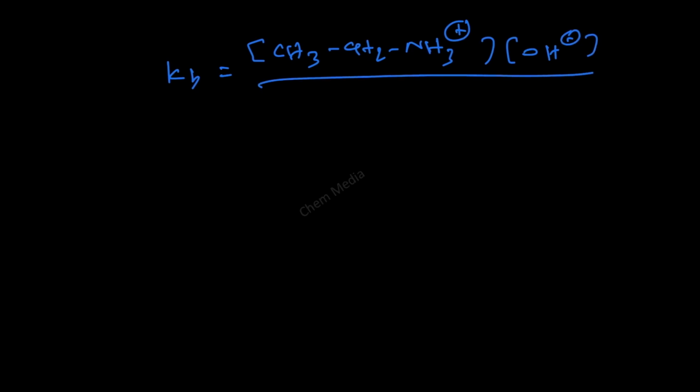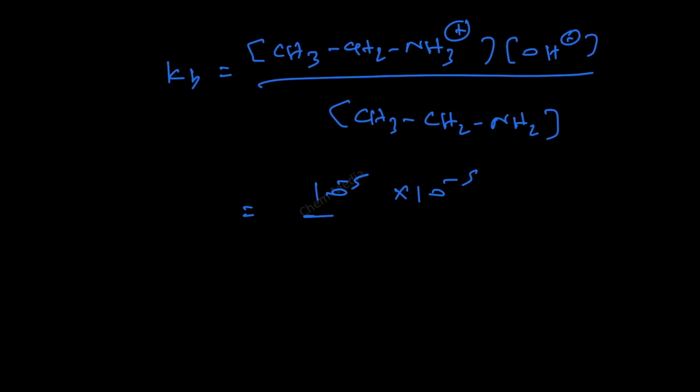Therefore, Kb is equal to concentration of ethyl ammonium ion times concentration of OH minus divided by concentration of ethylamine. Water is in excess and therefore, we do not enter that in the equation. So, therefore, this is equal to 10 to the power minus 5 times 10 to the power minus 5 divided by 10 to the power minus 3.